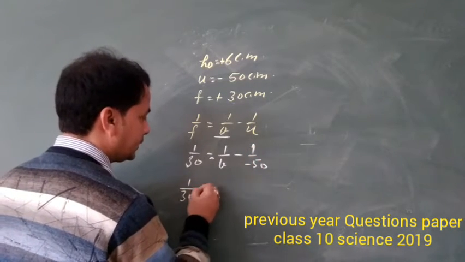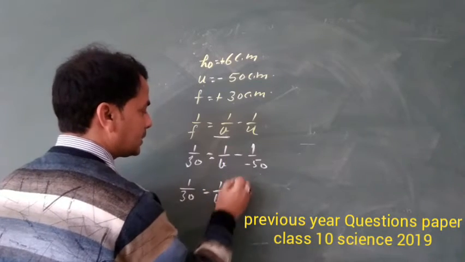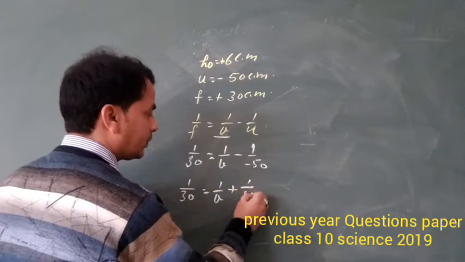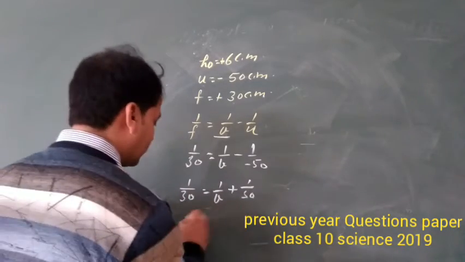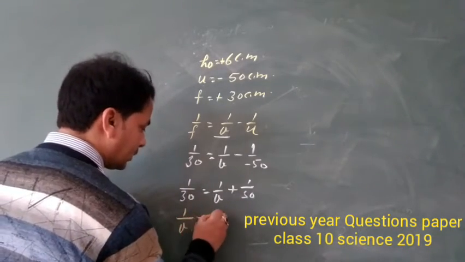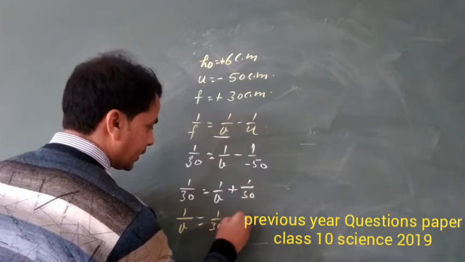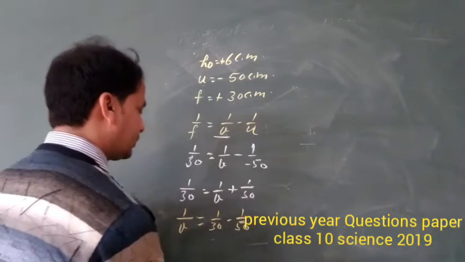Then 1 by 30 equals 1 by v plus 1 by 50. So transpose the 1 by 50: 1 by v equals 1 by 30 minus 1 by 50.